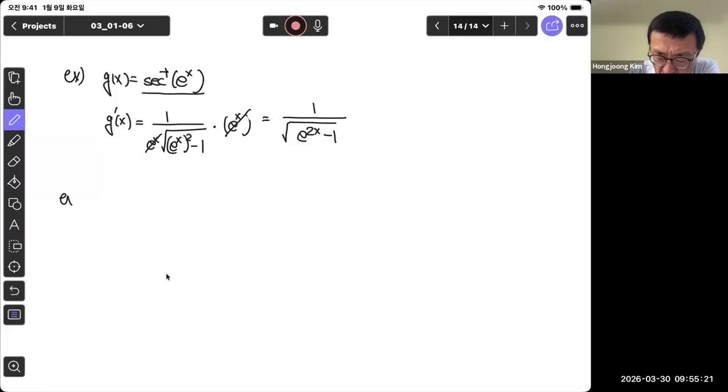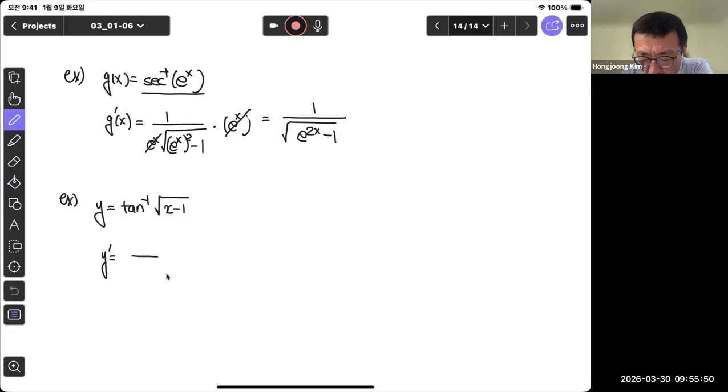How about the next one? y equals the inverse of the tangent function evaluated at square root of x minus 1. This is another composite function. To get the derivative of y, you first consider the differentiation of the outer function evaluated at the inner function, square root of x minus 1.